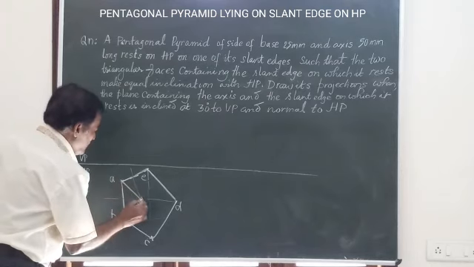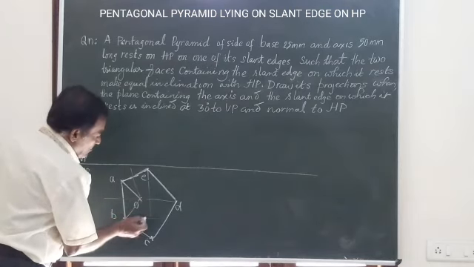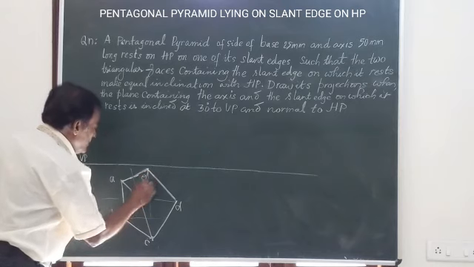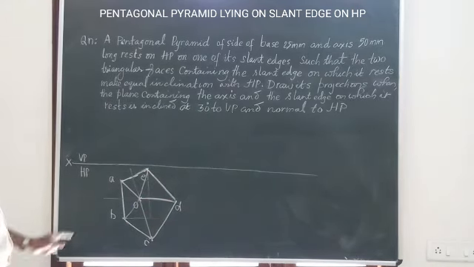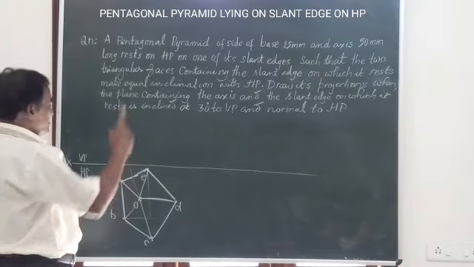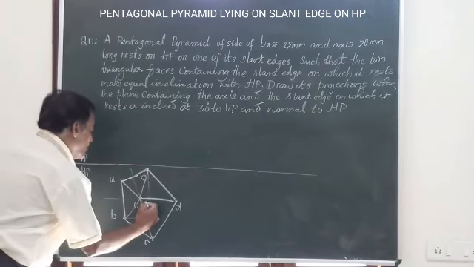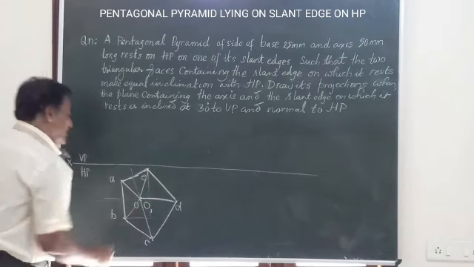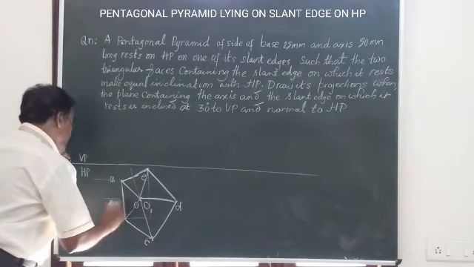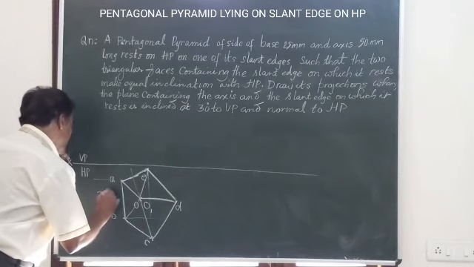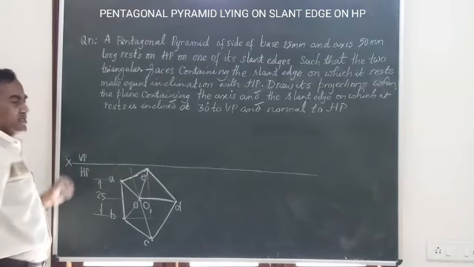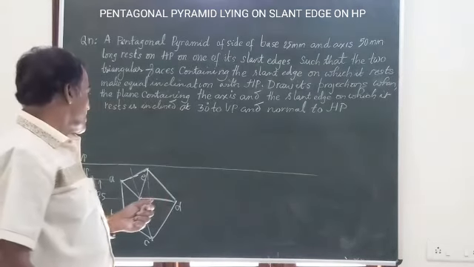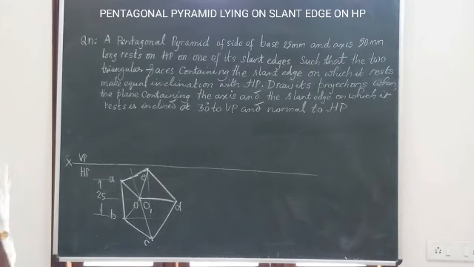Join O to A, O to B, O to C, O to D, O to E. So OA, OB, OC, OD and OE represent the slant edges of the solid in the top view. Let me also mark the center of the base, and the dimension of this is 25 mm given in the problem. So this is how the pyramid looks in the top view with all these dimensions.